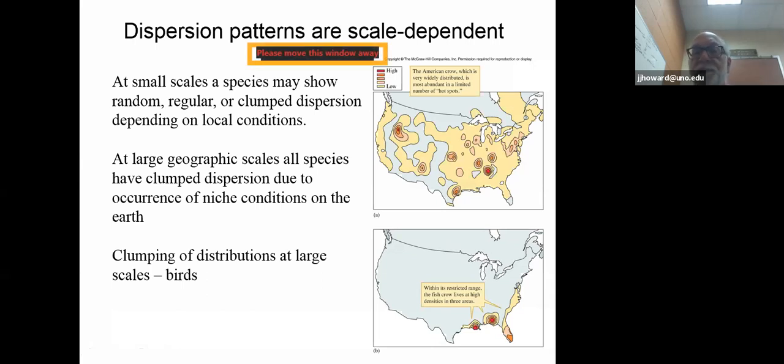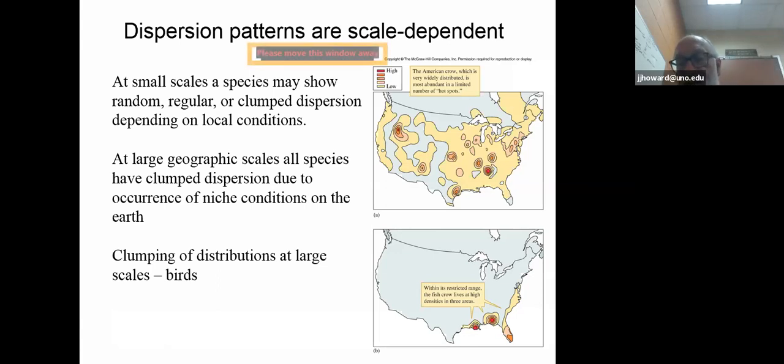So here's two examples. Here's crows, and this is the American crow, and you see there's high density of American crows in particular areas. And in some parts of the country, like the arid grasslands, you don't get American crows at all. Down here on the bottom, partly obscured by our bar, is the distribution of fish crows. And fish crows are found mostly along the Gulf Coast.